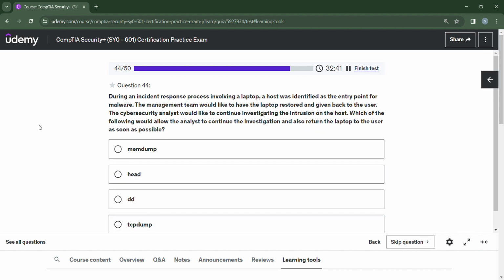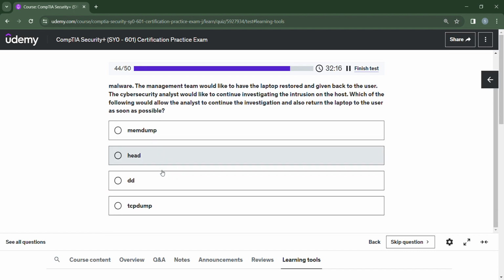During an incident response process involving a laptop, a host was identified as the entry point for malware. The management team would like to have the laptop restored and given back to the user. The security analyst would like to continue investigating the intrusion on the host. Which of the following would allow the analyst to continue the investigation and also return the laptop to the user as soon as possible?